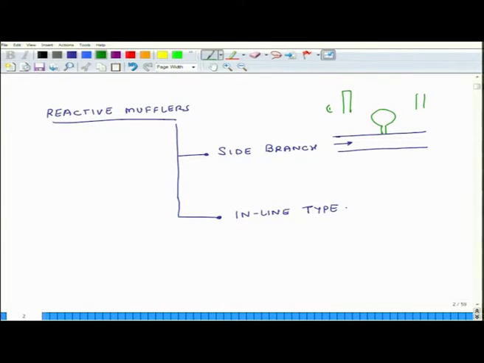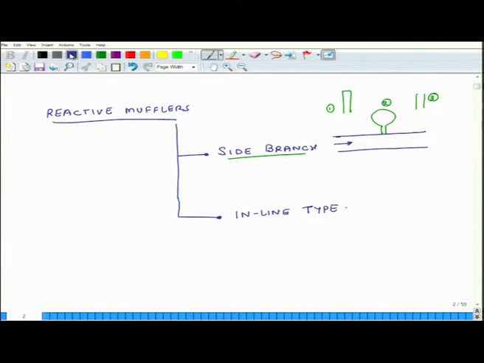So, this is one option where I have a long pipe which is closed at one end and the other end is connected to the tube's side, or the other option is I can have a Helmholtz resonator, or the third option is I can have a short open pipe. All these three, 1, 2, 3 can suck in sound at specific frequencies, and because these three different devices are attached to the side of the tube, this type of a muffler is known as side branch muffler.